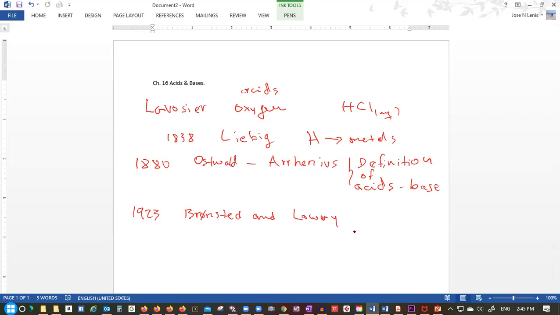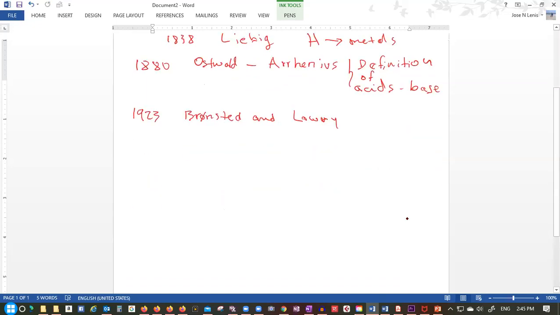They define an acid as a substance or a species having the tendency to lose a proton.